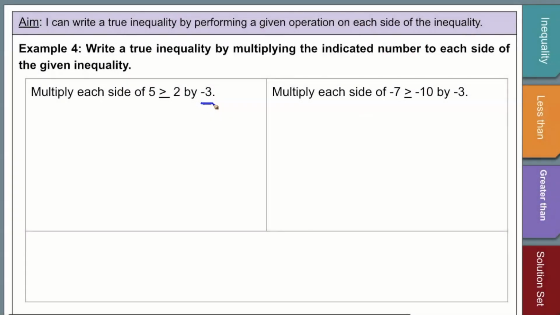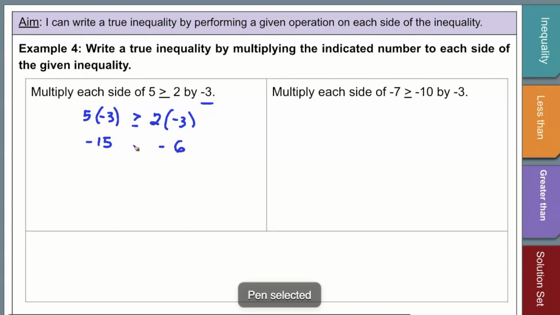What will happen when we multiply a negative number to each side of an inequality? Let's see. Multiply each side of 5 greater than or equal to 2 by negative 3. 5 times negative 3 and 2 times negative 3 should give us negative 15 and negative 6. What is the relationship between negative 15 and negative 6? Is negative 15 greater than negative 6?